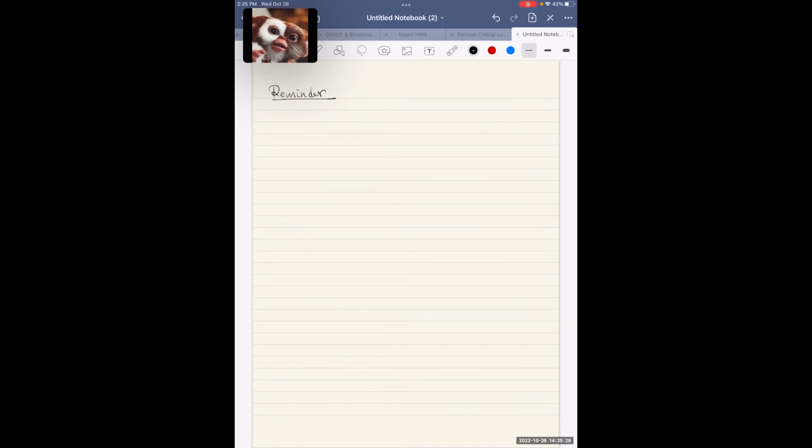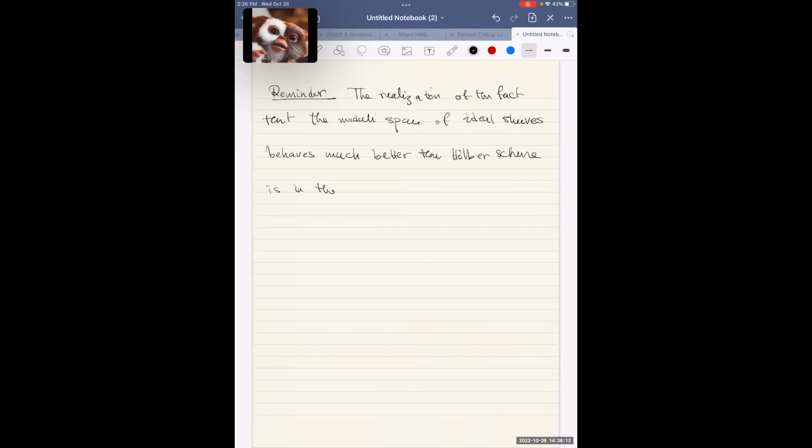The realization of the fact that the moduli space of ideal sheaves behaves much better than the Hilbert scheme is first of all in the thesis of Richard Thomas.